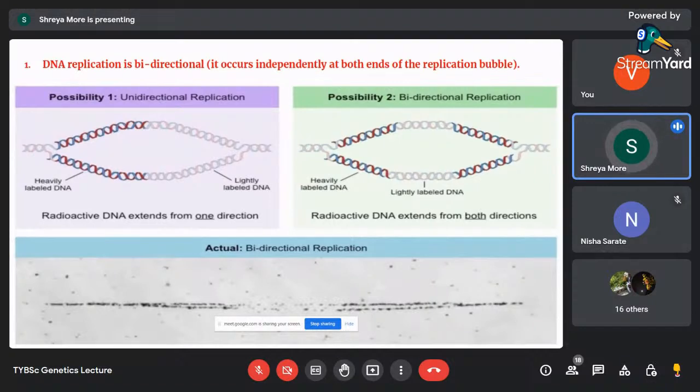In unidirectional replication, only one replication fork is formed, whereas in bidirectional replication, two replication forks are formed. In unidirectional replication, only one end of the replication eye is moving or growing, and in bidirectional replication, both the ends are moving.